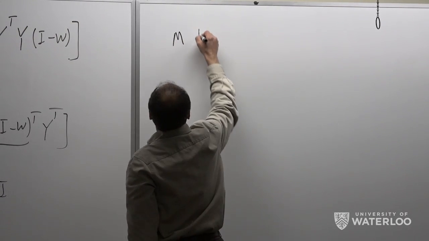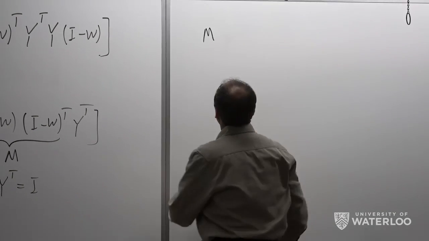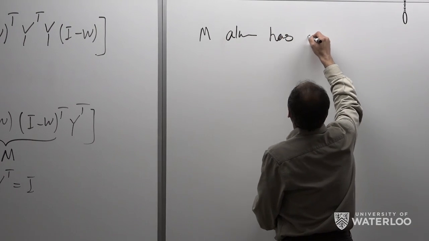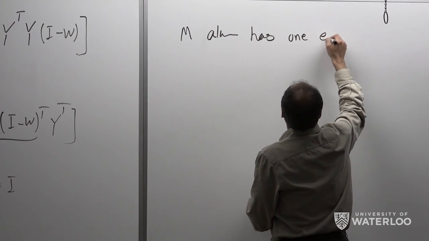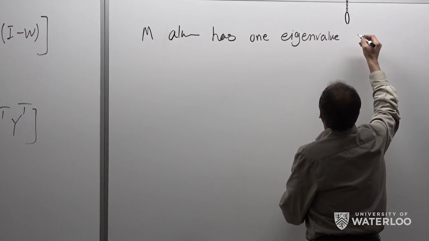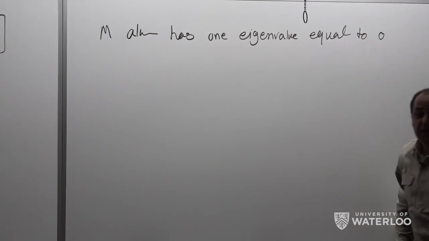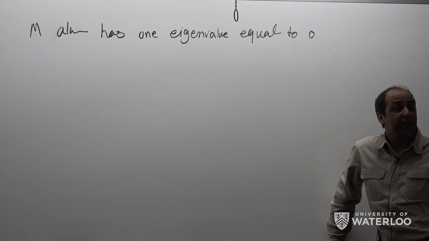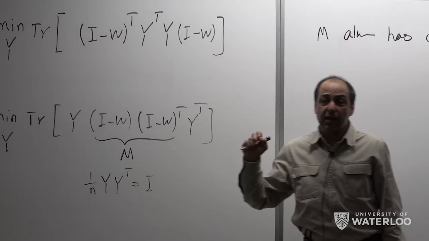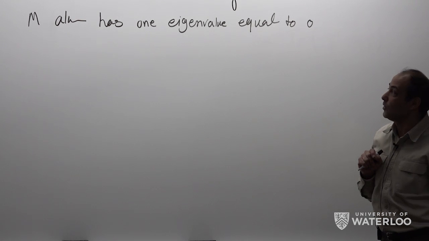M always has one eigenvalue equal to 0. That's the smallest eigenvalue. It doesn't have any negative eigenvalue because it's positive semi-definite. So the smallest eigenvalue is always 0.